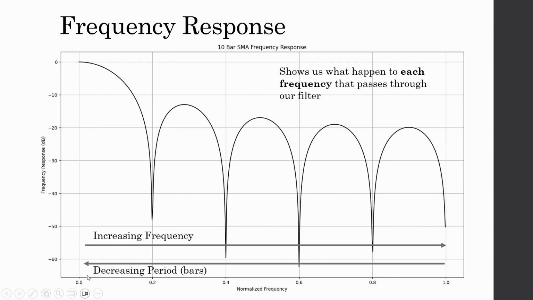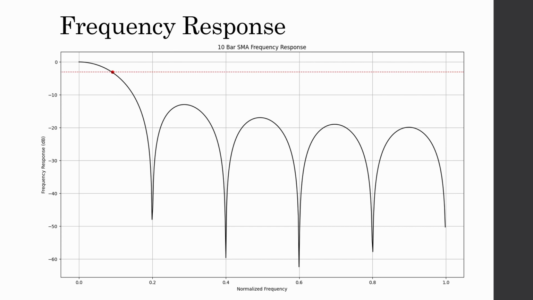So for frequencies up here, the volume is going to be pretty much unchanged, but for frequencies over here, the volume is significantly reduced. So there is an important point on this chart, and that happens to be the -3 decibel mark. And this point is important because it represents half of that frequency's power. So what does that mean? It means anything below this line is reduced in volume, in power, by more than half.